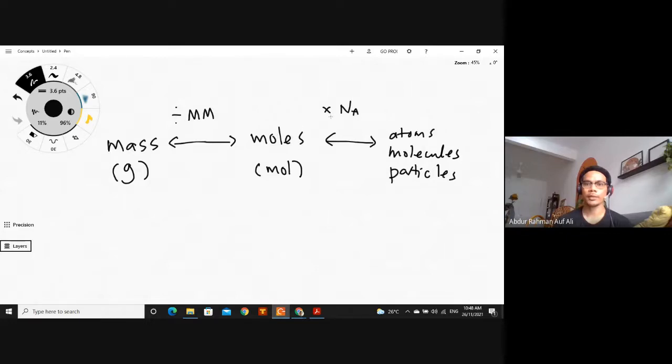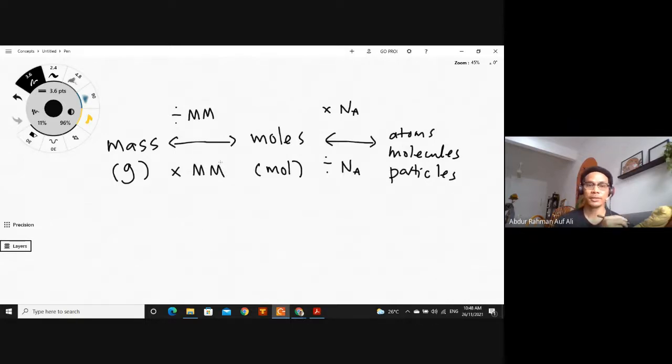So any number of mole darab dengan 6.02 darab 10^23, you get amount of atoms, molecules ataupun particles. So kalau kita nak work the other way around, kamu hanya terbalikkan mathematical function ni. So from atoms, molecules ataupun particles, nak cari bilangan mole, kamu bahagikan dengan Avogadro constant. Kalau dah dapat bilangan mole, nak cari mass, kamu darablah dengan molecular mass.